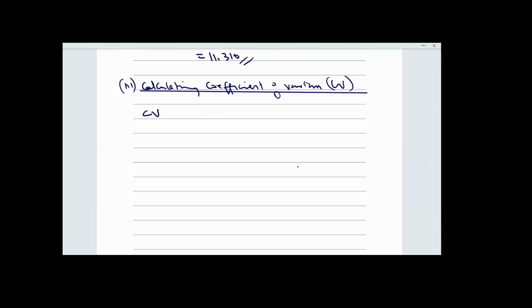Therefore, coefficient of variation is standard deviation of expected NPV over expected NPV, which is 11,310 divided by 5543. Final answer is 2.04. So this represents the coefficient of variation.